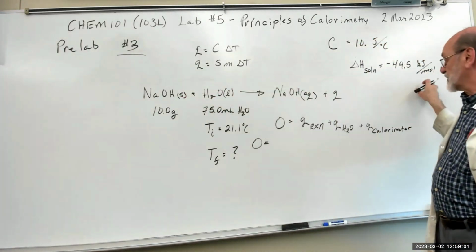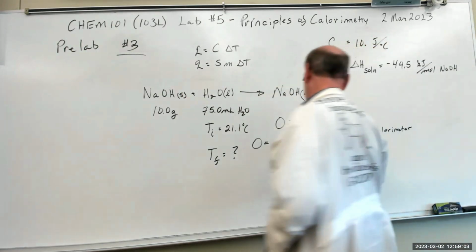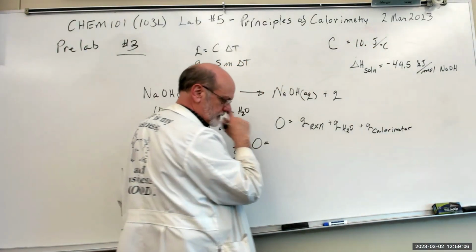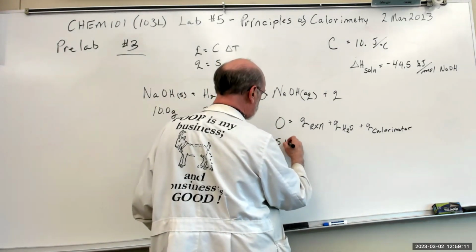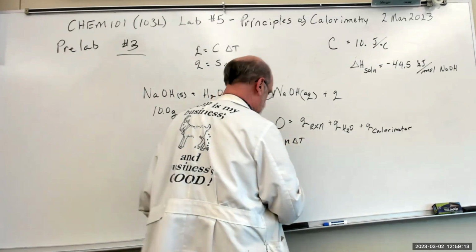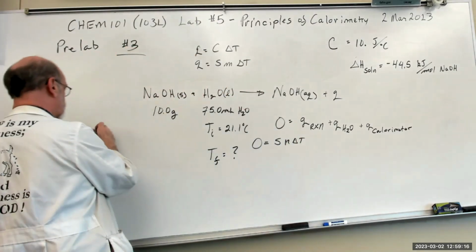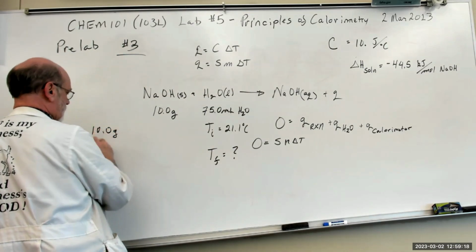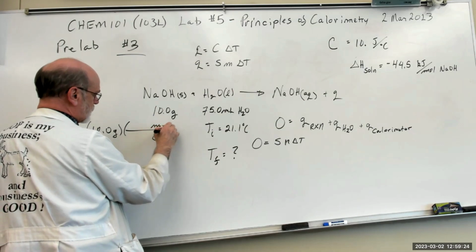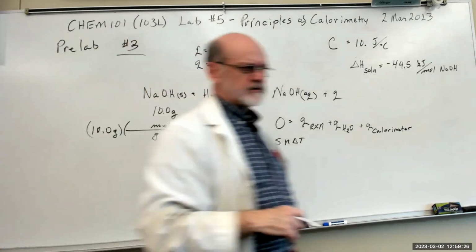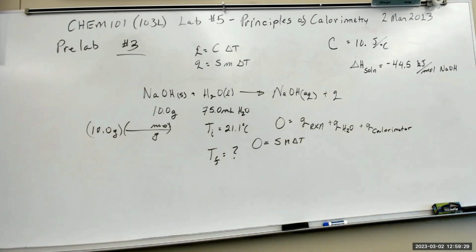So in order to use this, we need an expression that gives us moles times the enthalpy, so this needs to be converted to moles. We need a molar mass for sodium hydroxide. Sodium is 23, I think. This room doesn't have a periodic table.